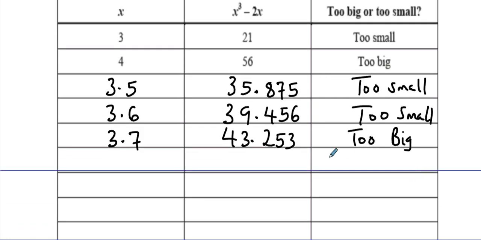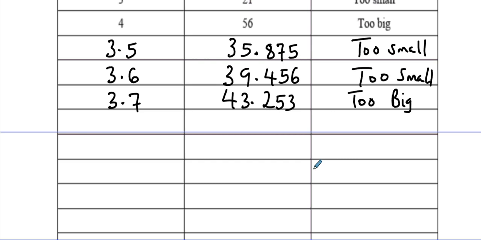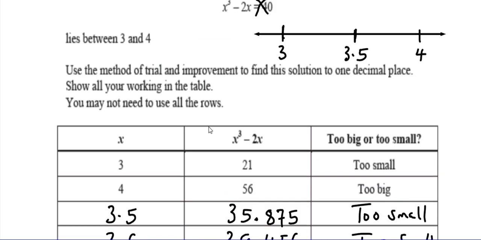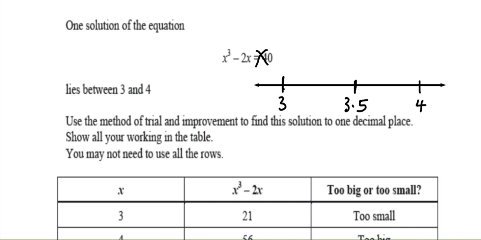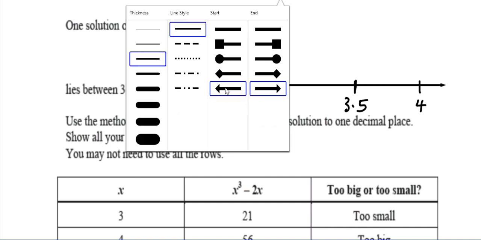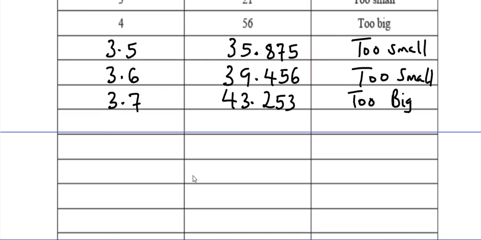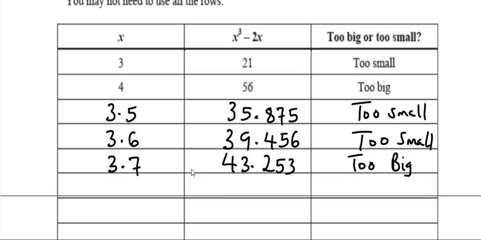Now this suggests another new interval, which is between 3.6 and 3.7.